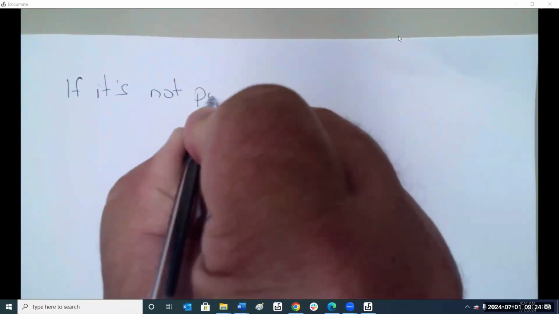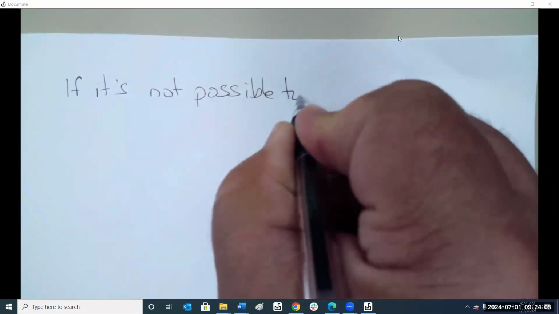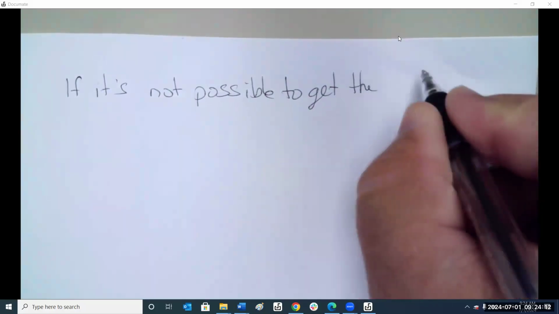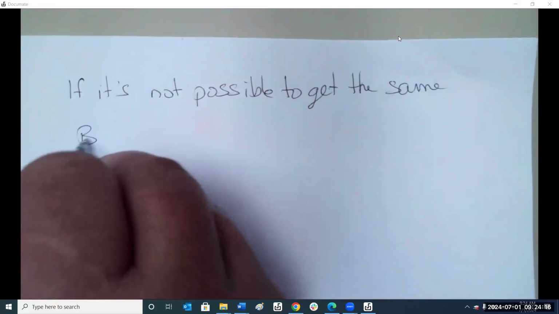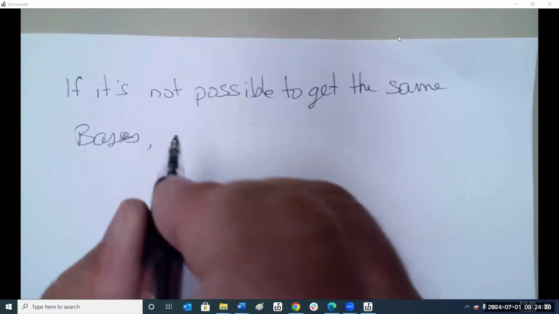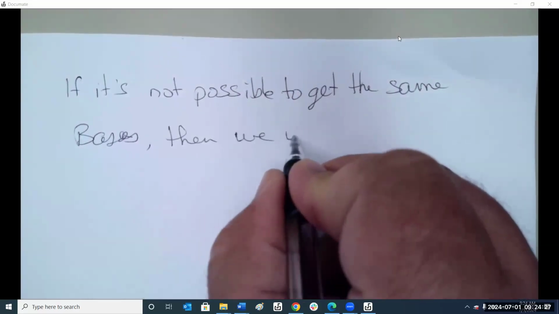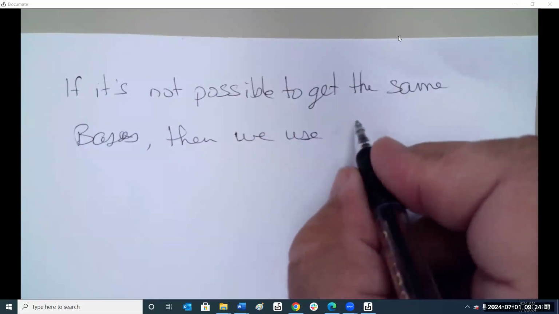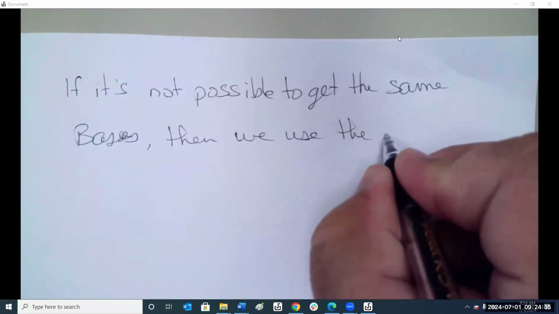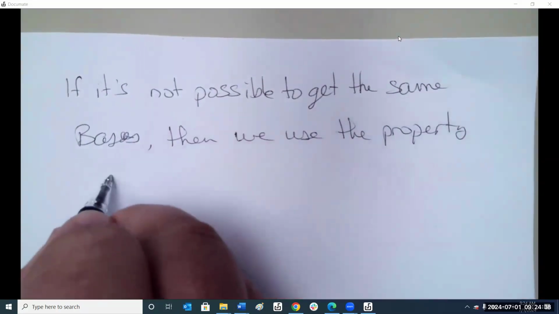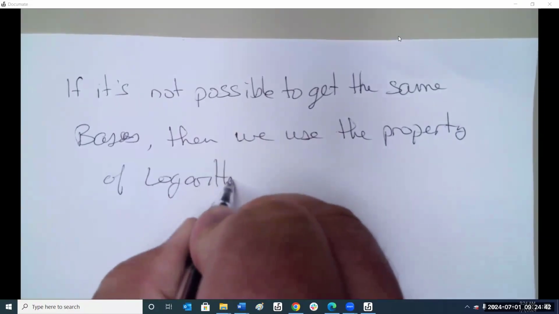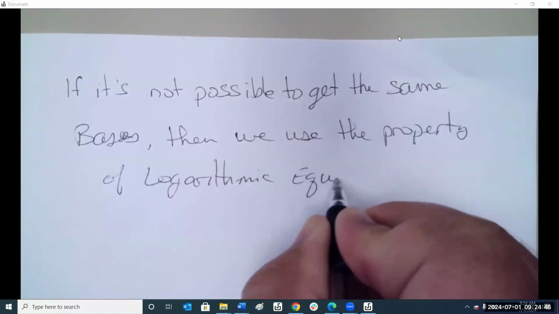Now, if it's not possible to get the same bases, then we use the property of logarithmic equality.